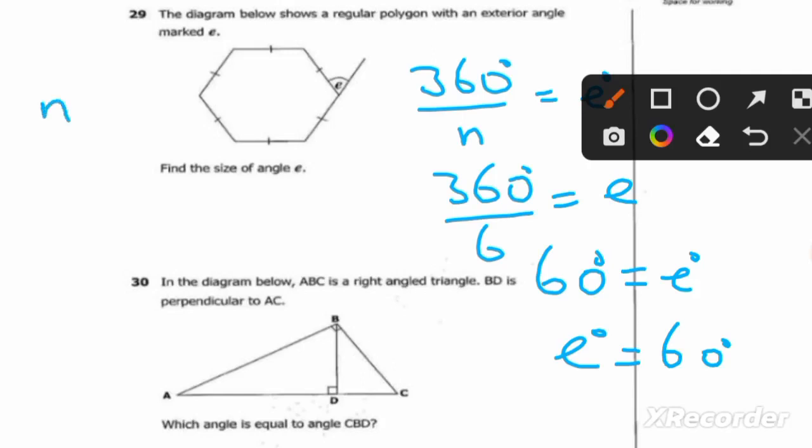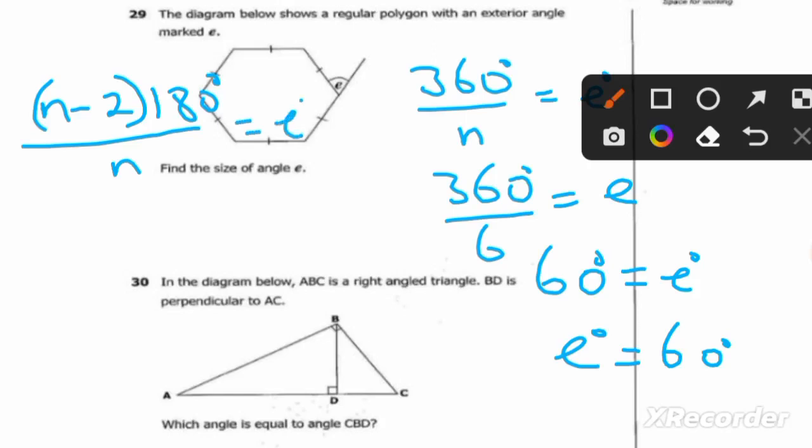We can say (n minus 2) times 180 degrees over the number of sides is equal to the interior angle.